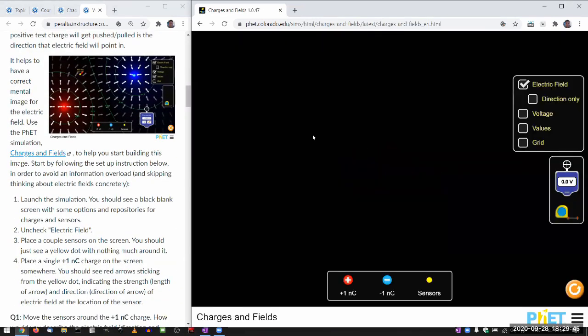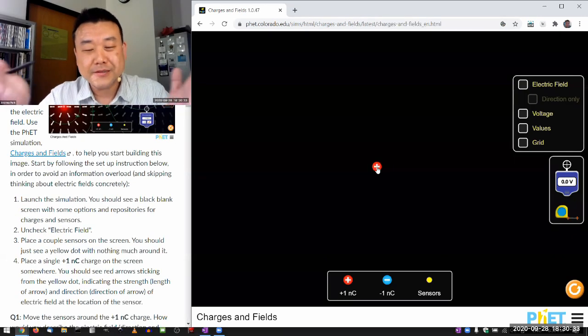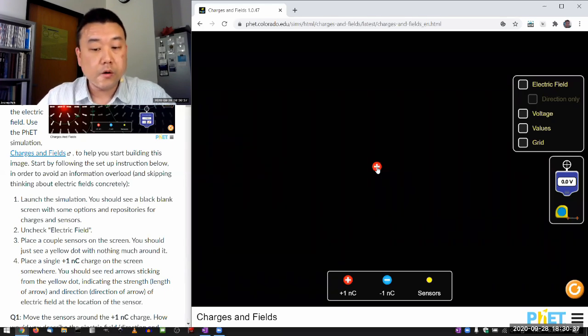All right, so it says uncheck electric field. I want you to be able to sympathize with a real physical lab setup, where when you have some charges, you don't see electric fields. Electric fields are not something that become visible in the space in front of you. Nonetheless, it is a property of space itself.